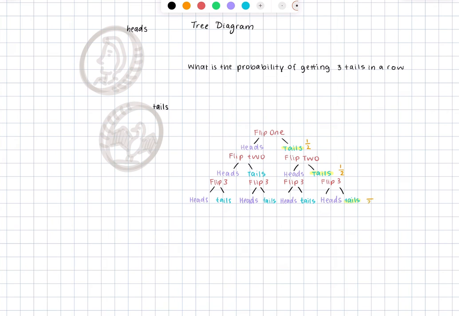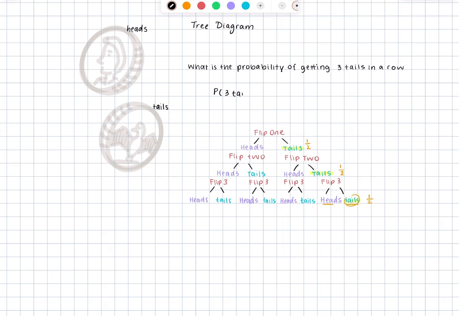Again, my previous flip isn't going to change anything. I'm going to have 2 total outcomes and 1 favorable outcome of tails. Okay. Now that we have 1/2, 1/2, 1/2, 3 1/2s, all I'm going to do is write a probability statement.